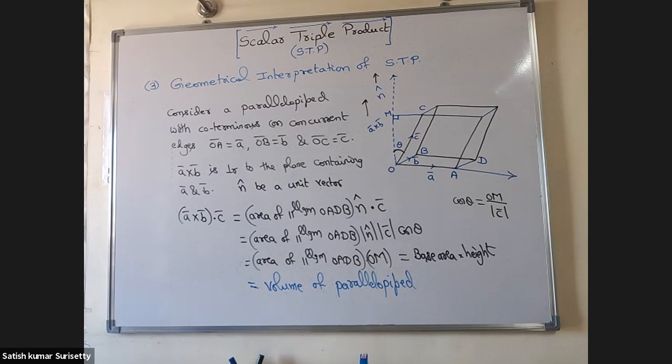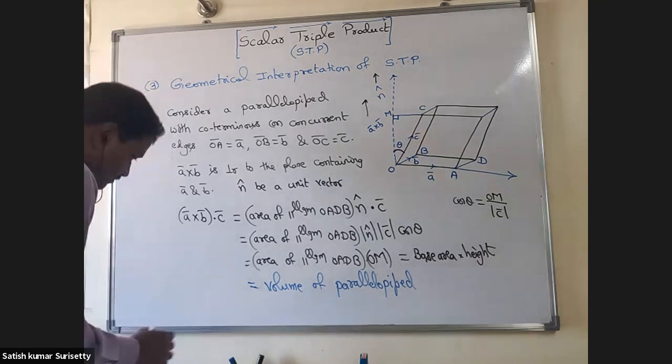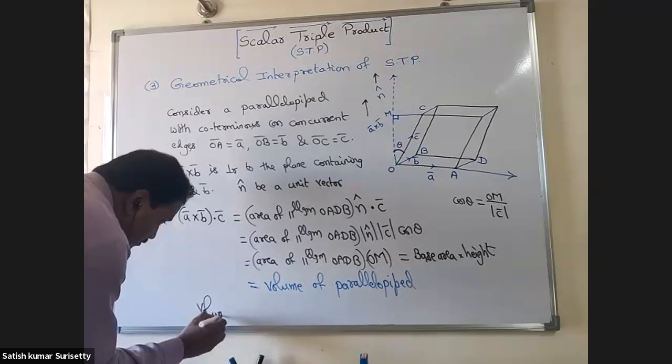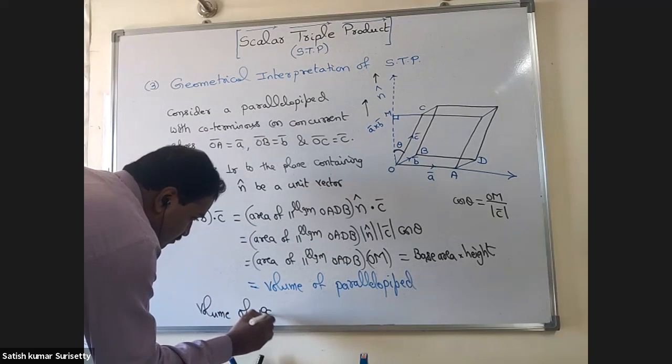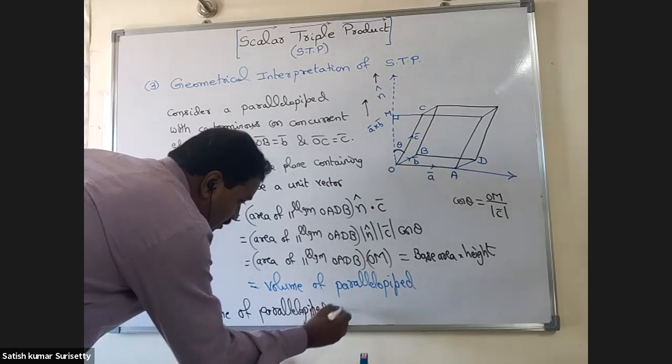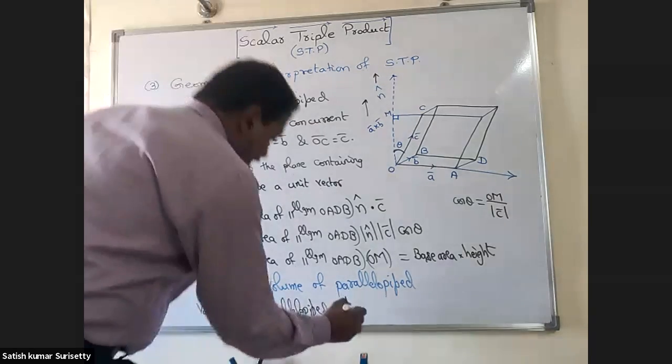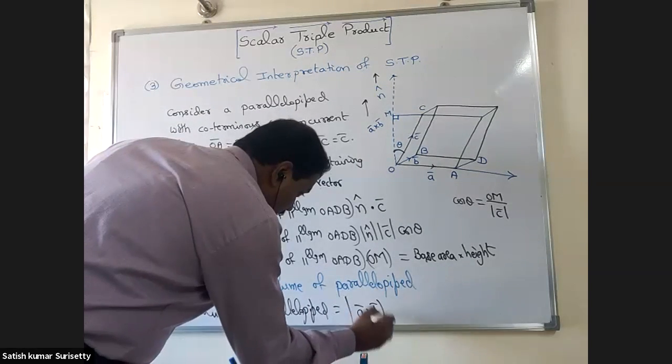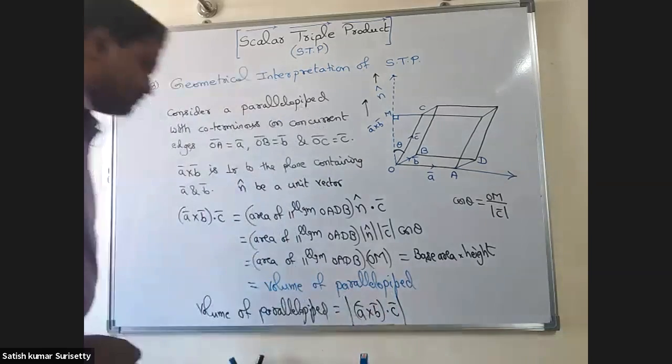That is, volume of parallelepiped equal to modulus of scalar triple product of A bar cross B bar dot C bar.